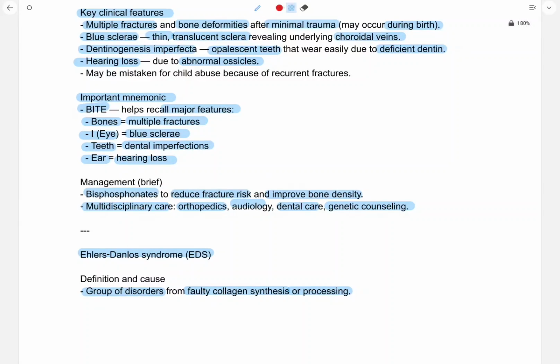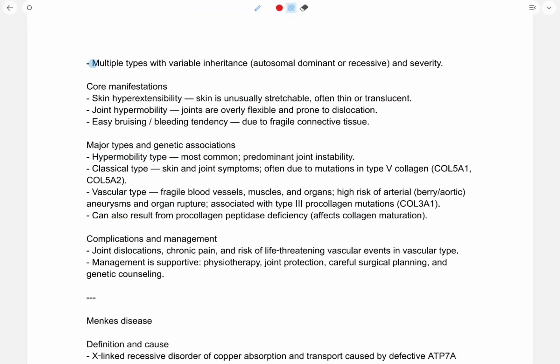It has multiple types with variable inheritance, autosomal dominant or recessive, and variable severity.